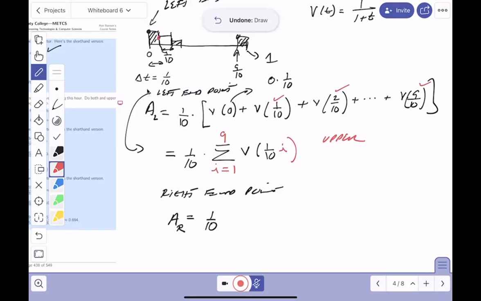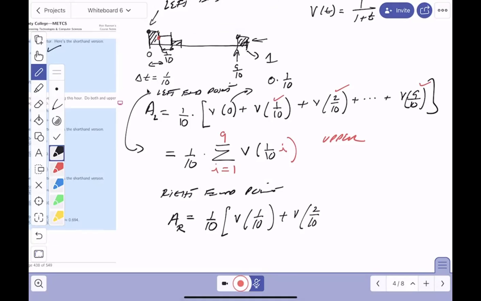So what's it going to be? Well, let's write this down. We're starting at the right one. We're not starting at 0. We're moving over a little bit. So V of 1/10, plus, well, if you thought about the curve over here, something's going to be lower. It's not too important that I know that, but I'm going over 1/10 each time. So what's the next one going to be?